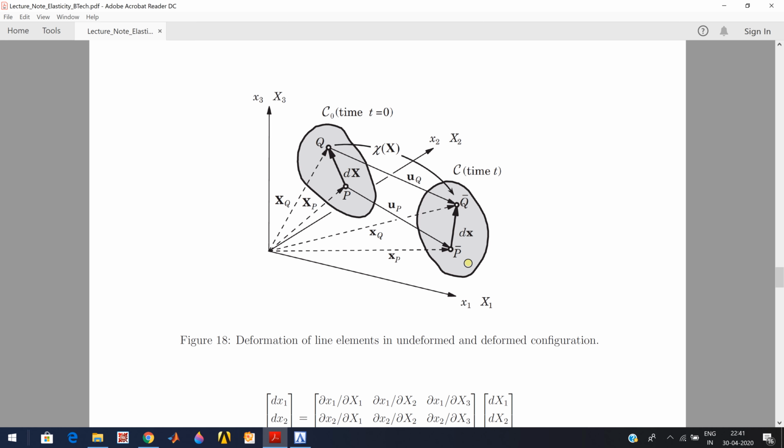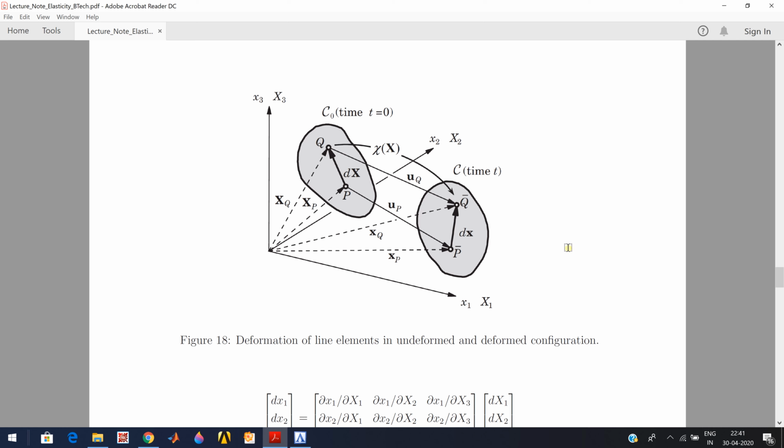These are two vectors, so one vector maps to another vector, and that mapping is done by the deformation gradient tensor.